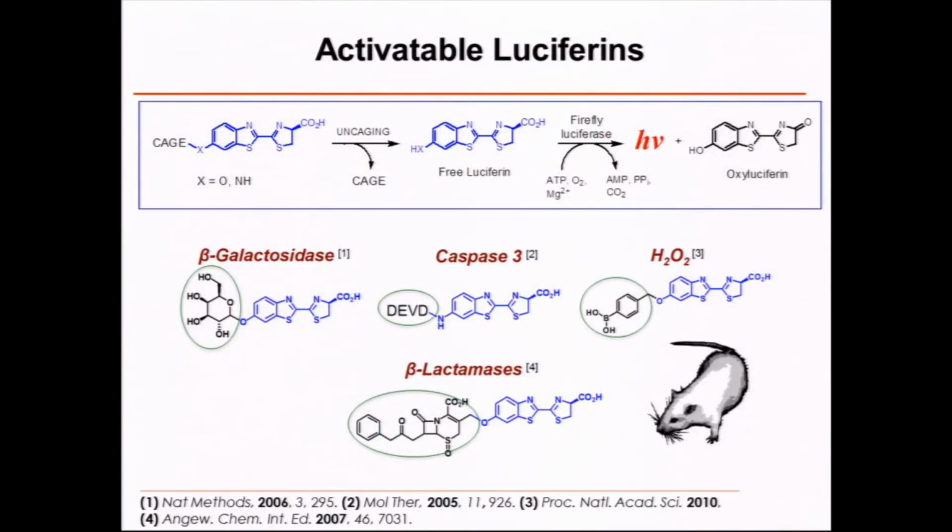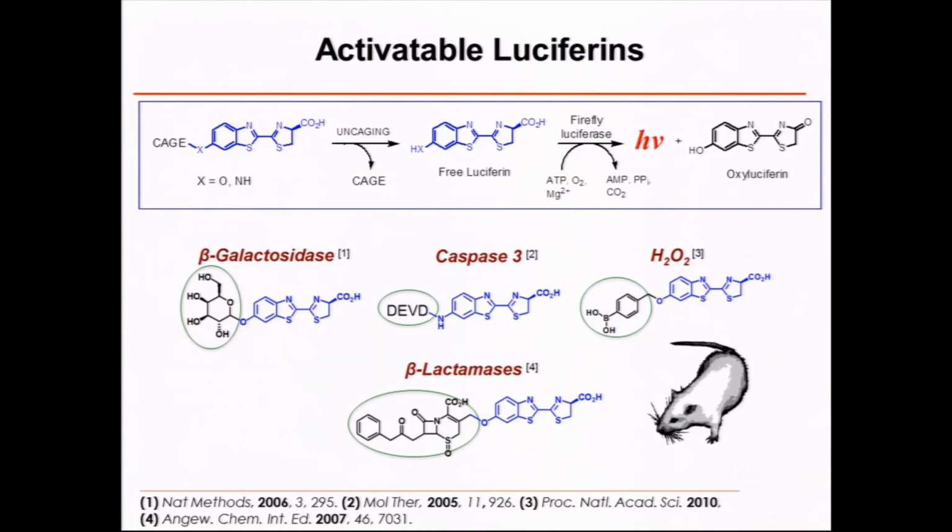I don't want to dwell on this too much, but we're lucky again to work with a lot of our customers and then develop little spin-out companies. This is work by Elena Dubovskaya, who's from the EPFL, and she has developed a lot of different cleavable luciferins. Obviously, Promega develops these as well.